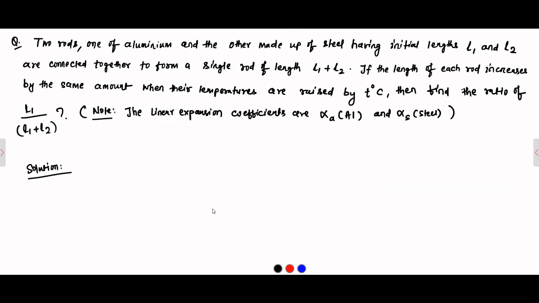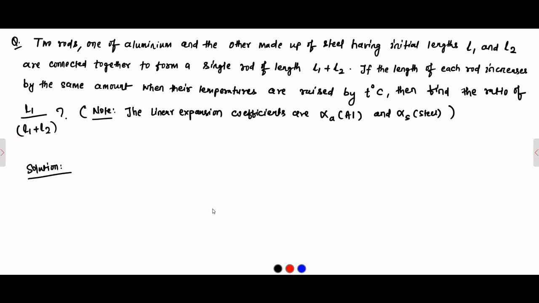So here is another question. It is given that two rods, one of aluminium and the other made of steel, having initial lengths of L1 and L2, are connected together to form a single rod of length L1 plus L2. If the length of each rod increases by the same amount when their temperatures are raised by T degree Celsius, then find the ratio of L1 by L1 plus L2.